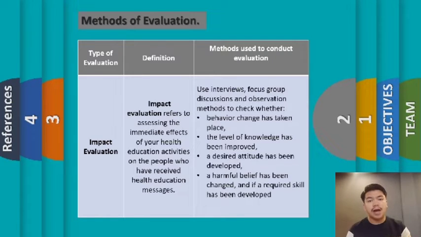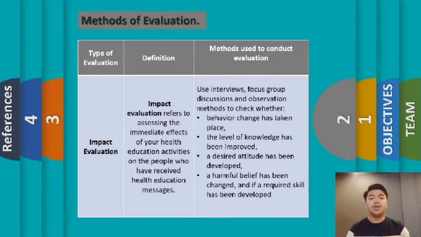So in health education, we define impact as immediate changes, such as if they have any change in their behaviors, if they have any changes in attitudes or beliefs, or somehow how they take care of their health. So that's how impact is defined in health education.